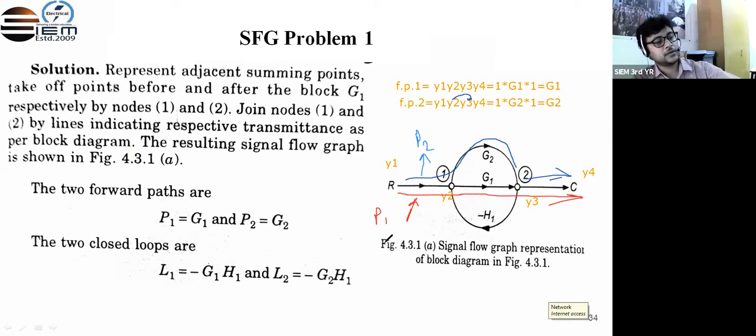The loop starts from one point and terminates at the same point, but it does not repeat the intermediate nodes.